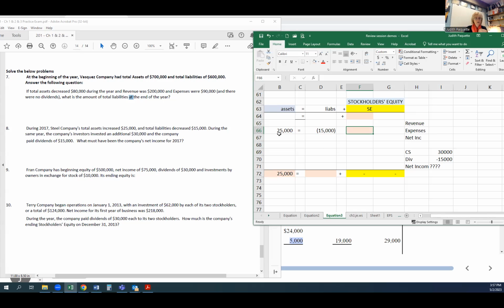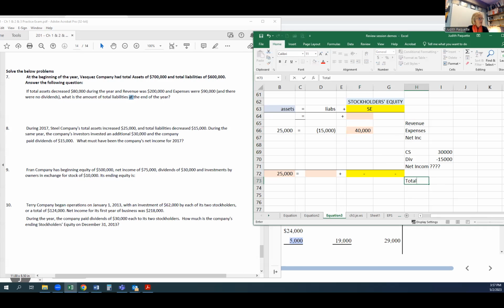You got 25 on the left, minus 15 on the right, plus x. Minus 15 plus x has to equal 25. 40K. Exactly, yeah. Another way to do it would be to add 15 here, make it go to 0, add 15 here, and you'd get 40. So now we know that the net change in stockholders' equity is 40.